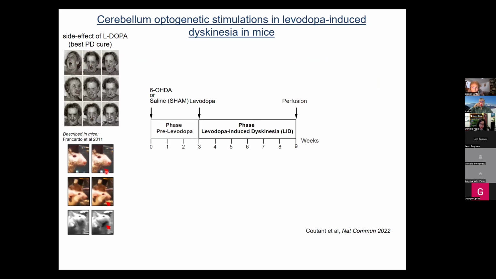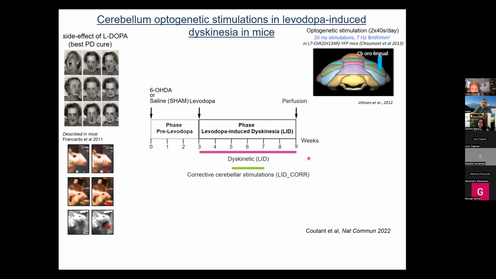So the protocol of Berenice was first to induce the lesion, so we have this Parkinsonian model for 3 weeks, and then she gave levodopa, so we have dyskinetic mice.